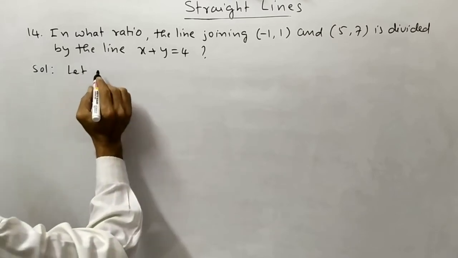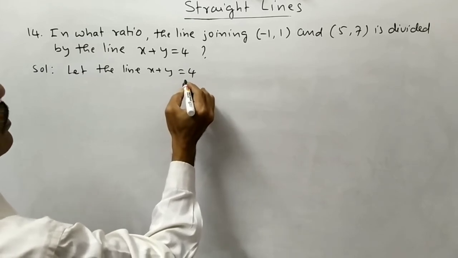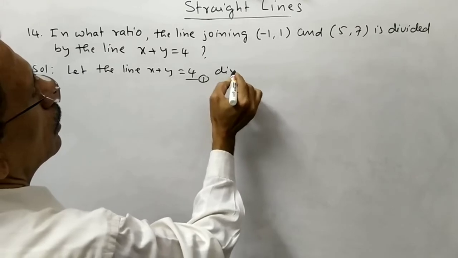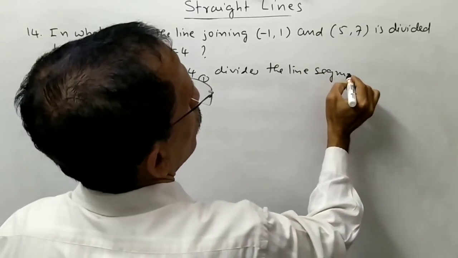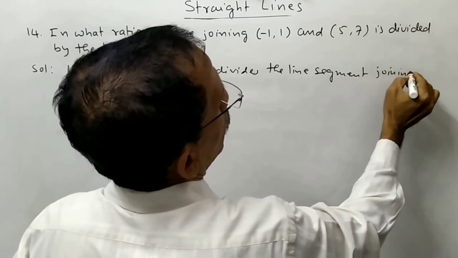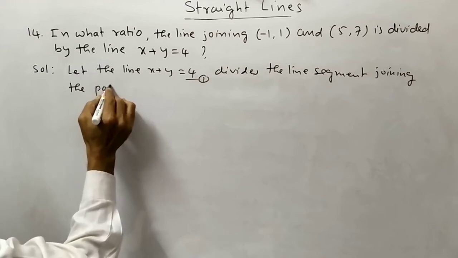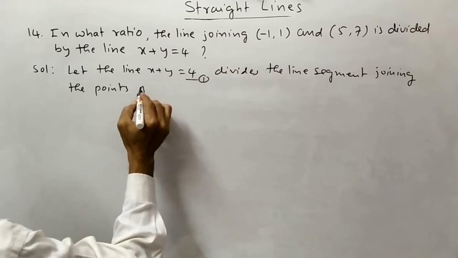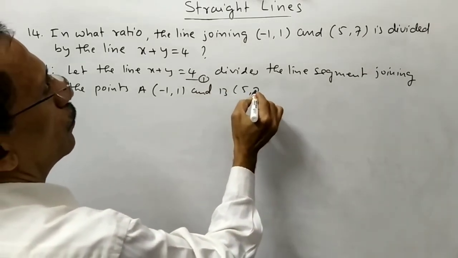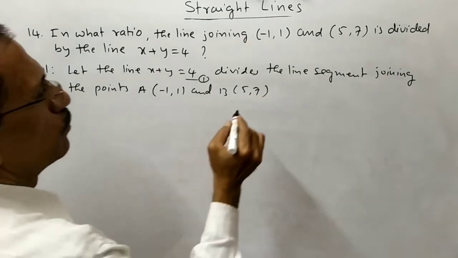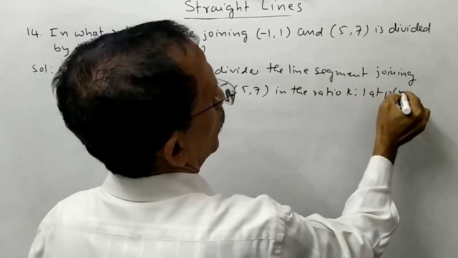Let the line x plus y is equal to 4, say number 1, divides the line segment joining the points A(-1, 1) and P(5, 7) in the ratio k is to 1 at P(x1, y1).